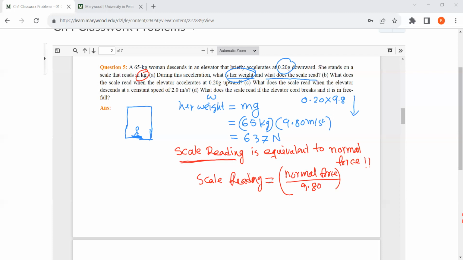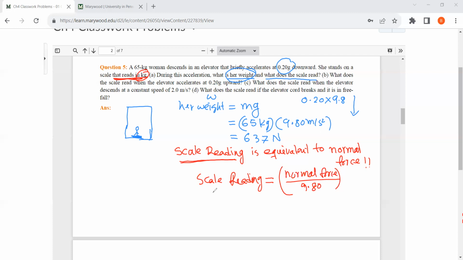Because it says explicitly the scale reads in kilogram, we have to first calculate the normal force and then divide it by 9.80 to get the number back in kilogram. But in other problems, such as homework problems, you will see similar problems, not exactly the same.